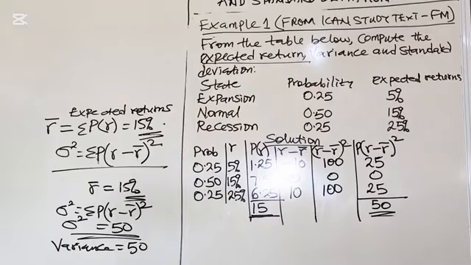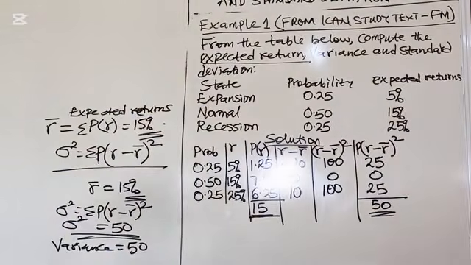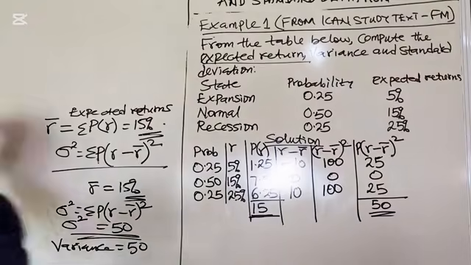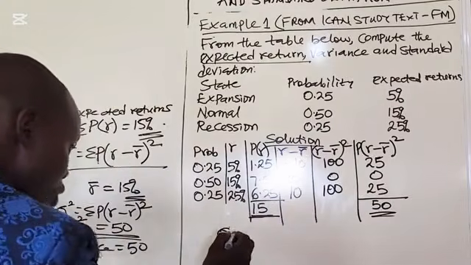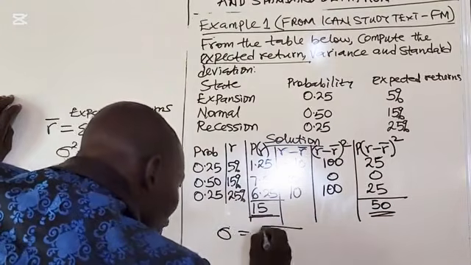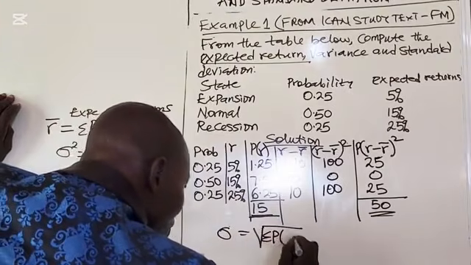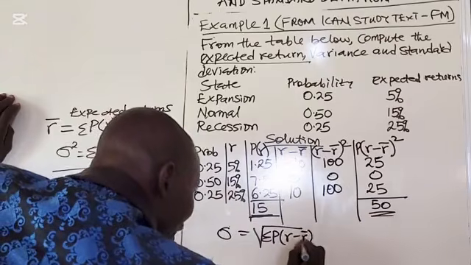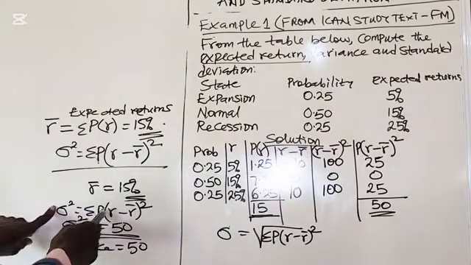Then the last thing required is the standard deviation. And remember, I've told you that standard deviation is the square root of variance. For the standard deviation, it will not carry square. It is equal to the square root of variance. And our variance is summation of P into R minus R bar square, which is the same formula we use here.